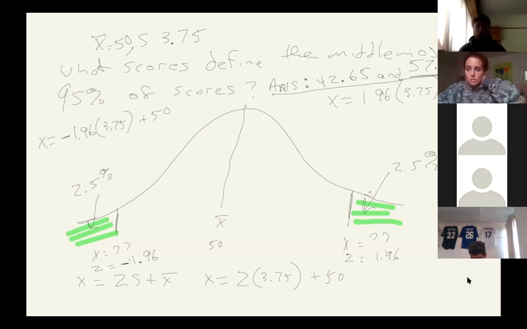When you put numbers to this stuff, it allows you to make more precise measurements, more precise guesses even, and it standardizes things. Because let's say I created this one, and let's say you, Elijah, created a different one, and your mean is actually 100.